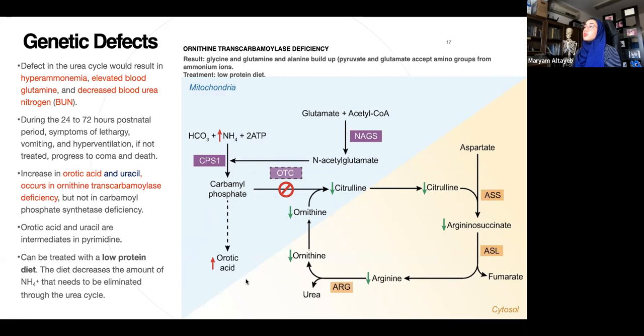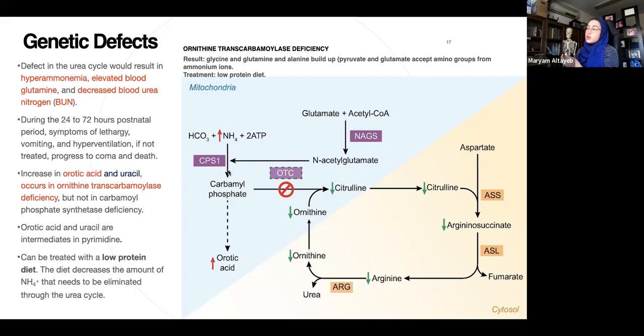So what you'd have is high levels of orotic acid and uracil. You're going to have hyperammonemia, high levels of glutamine, and decreased blood urea nitrogen. That's what you'd see in OTC deficiency. However, let's take it a step earlier. Let's say we have our carbamoyl phosphate synthetase 1 enzyme, right?